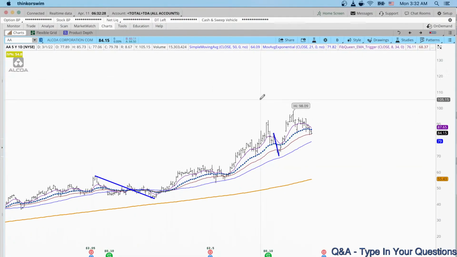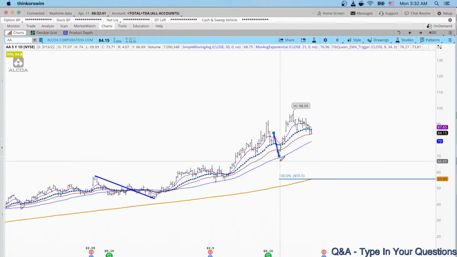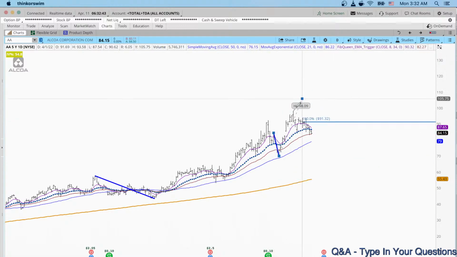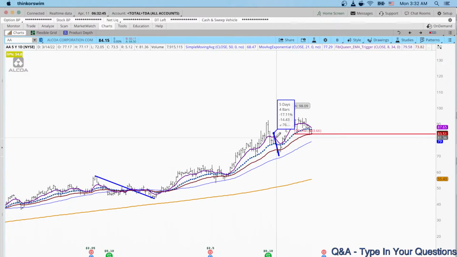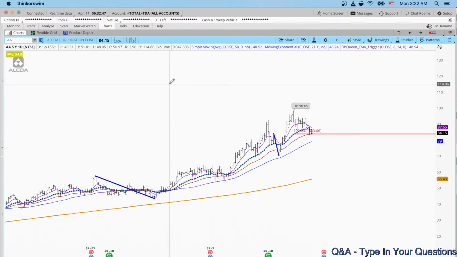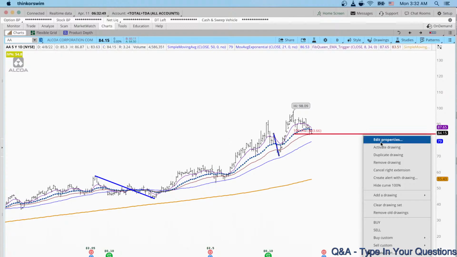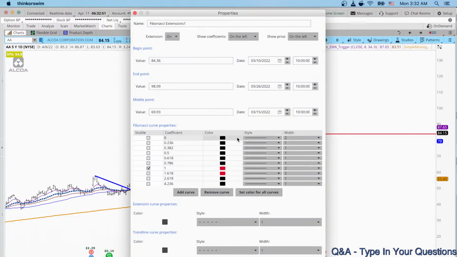So Alcoa, I want to go through Alcoa real quick. Right here, what is the chart doing? Exhibiting a series of higher highs and higher lows above that 200 moving average. So over here, I do have some pullbacks, similar in dollar amount, pivot high, pivot low, pivot high. So how this particular works is that if I just right click on this drawing, I only have one selected, which is 100%.